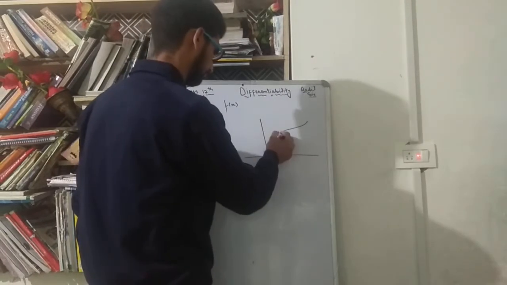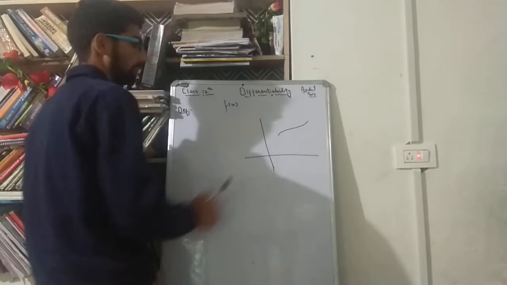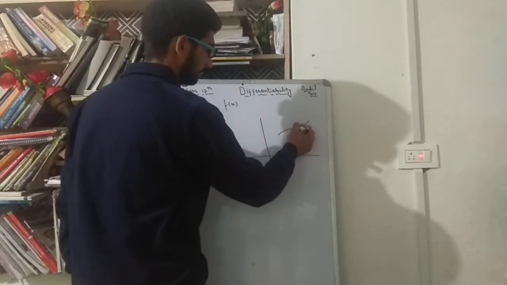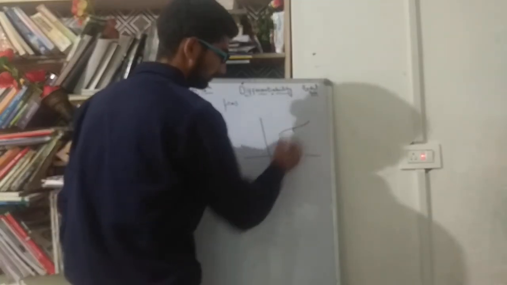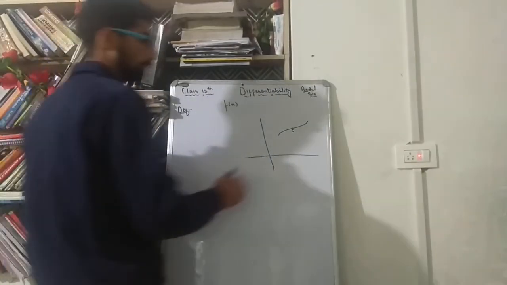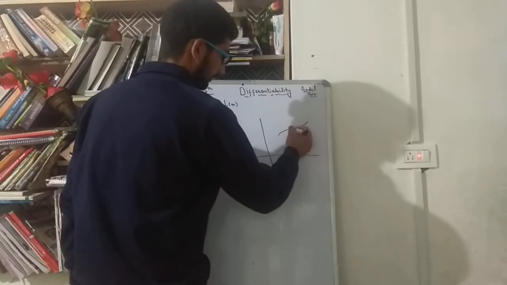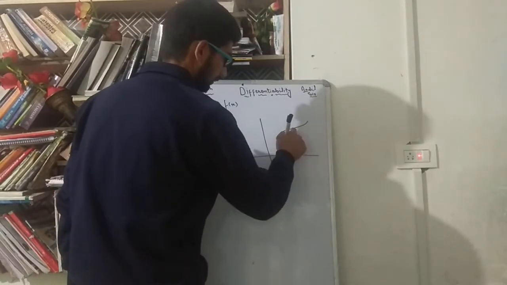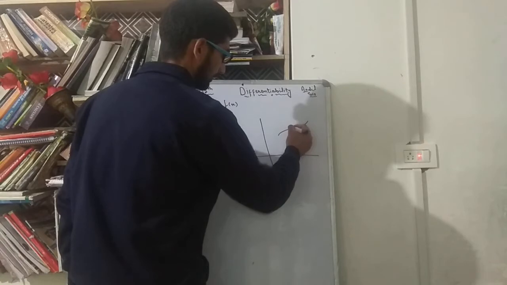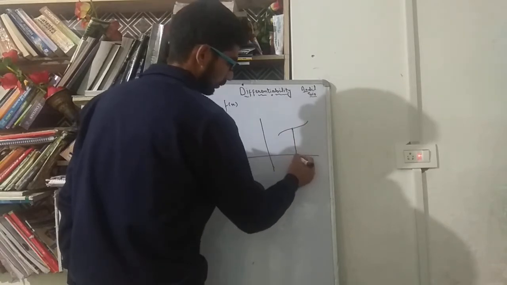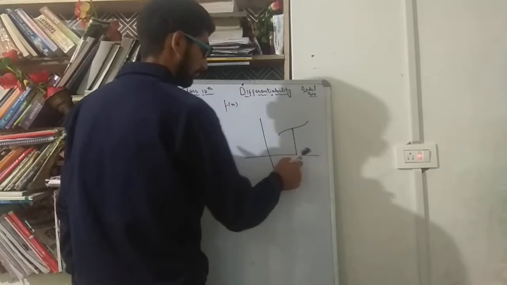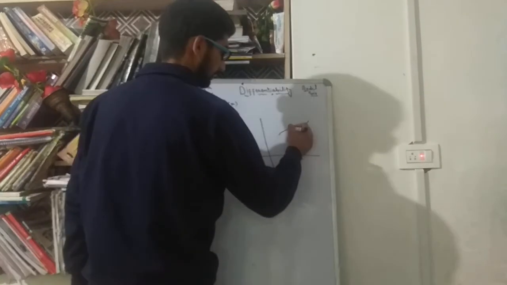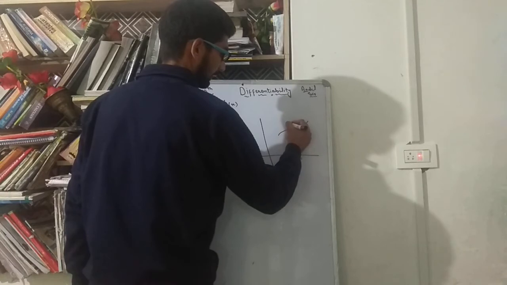If I have a point here, C, this is my point x is equal to C, and we know that the coordinates of this point must be C and f of C.